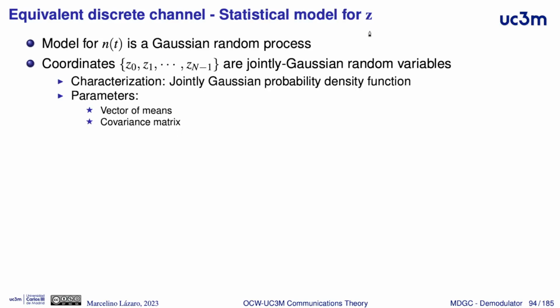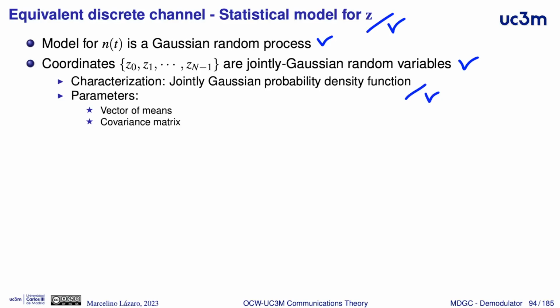Now we are going to obtain the statistical model for the coordinates of this noise vector z. These coordinates are the coordinates of the thermal noise in the different elements of the basis. N of t is a Gaussian random process, so these coordinates will be jointly Gaussian random variables with a jointly Gaussian probability density function.